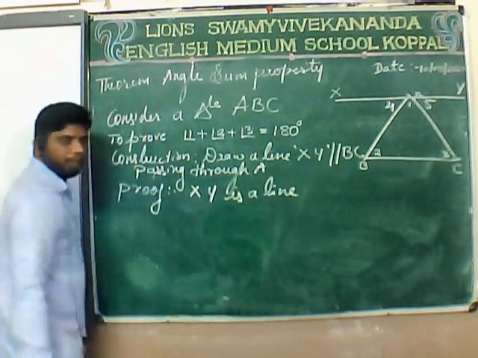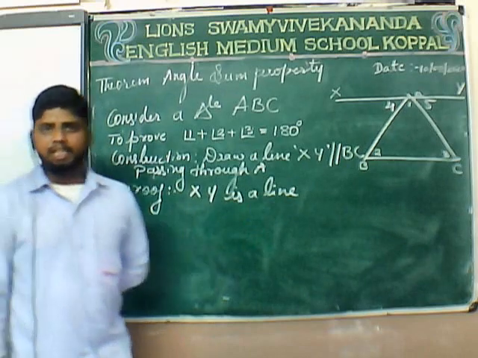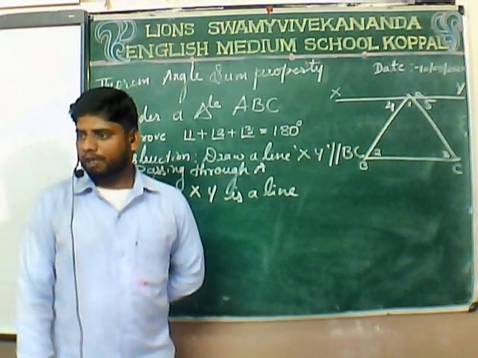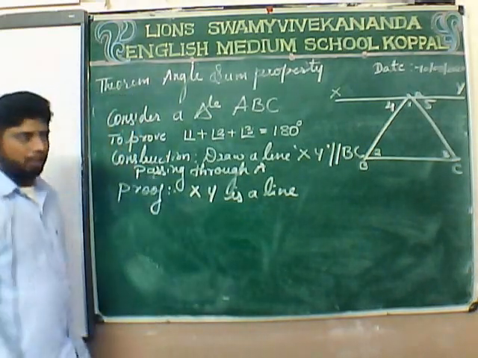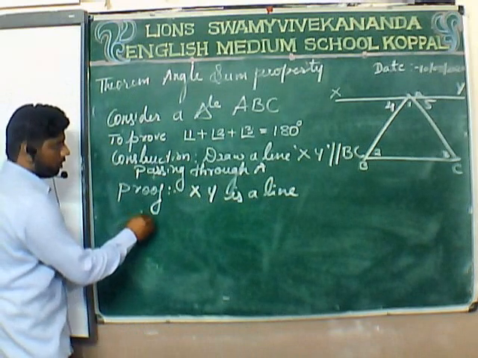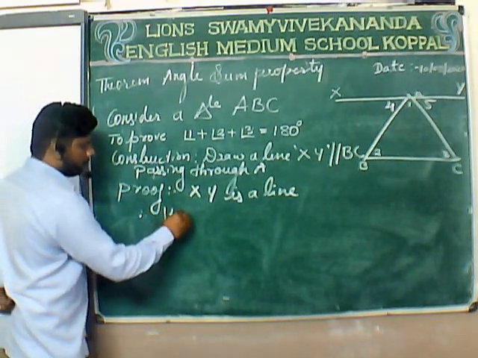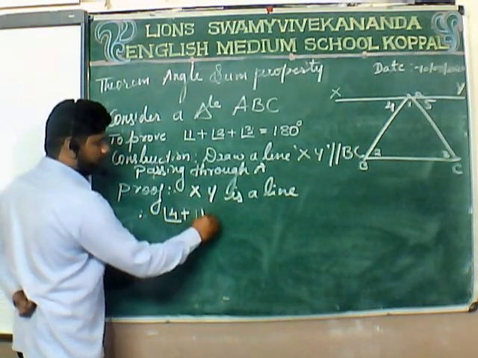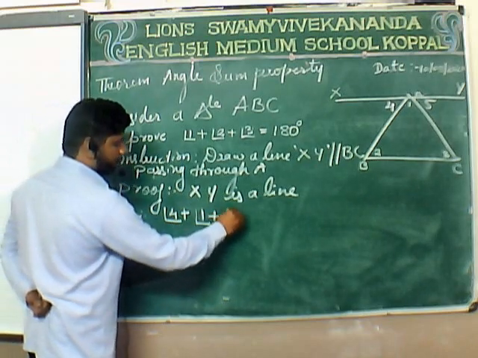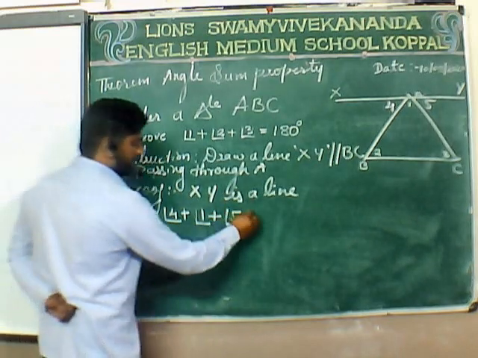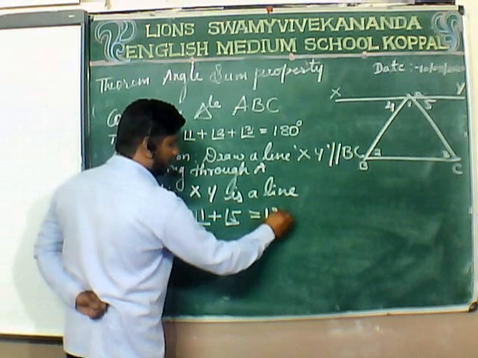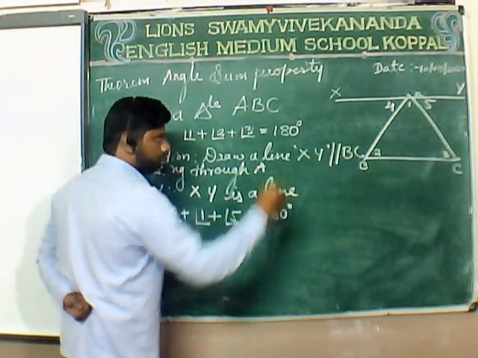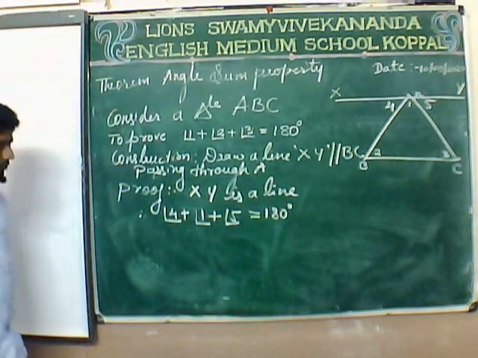So we know that when XY is a line, a straight line measures 180 degree. Therefore, angle 4 plus angle 1 plus angle 5 is equals to 180 degrees, isn't it?